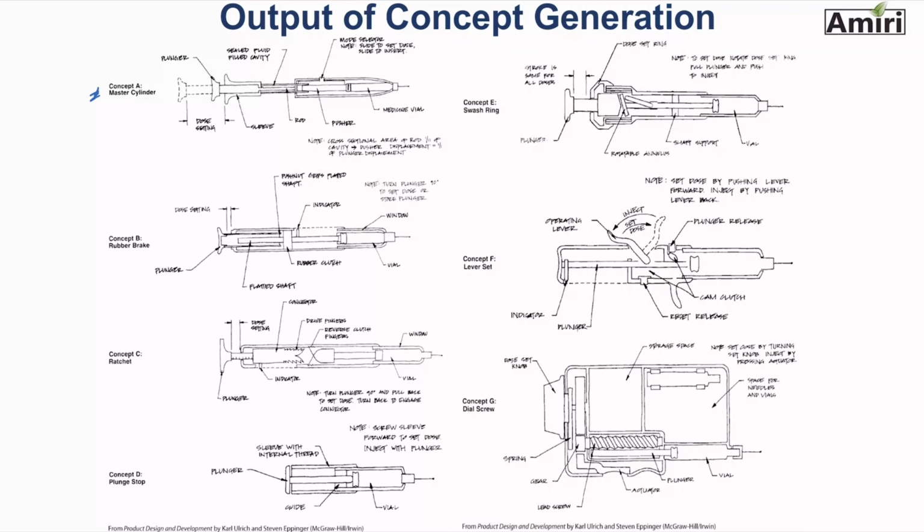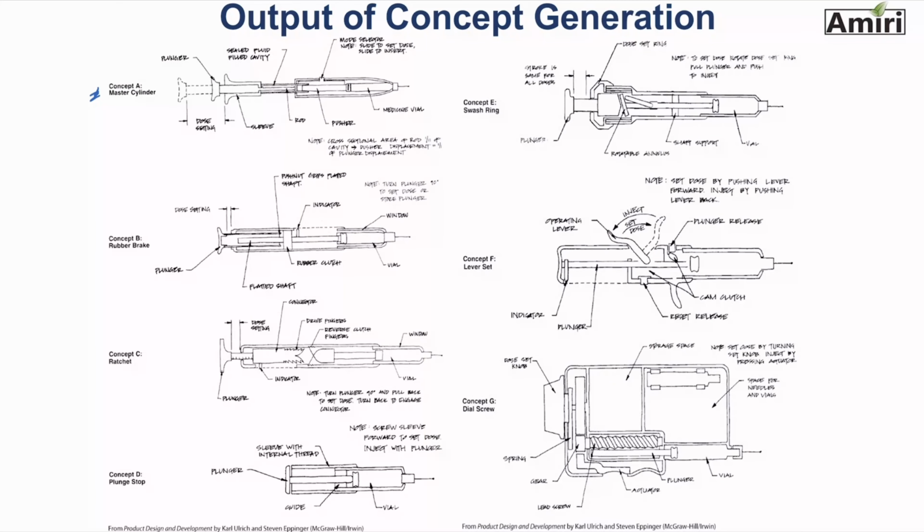Another important point that I want to mention is, at this stage, we want each concept to be presented with the same level of detail as other concepts, and the same level of information is provided for each concept. We don't want one concept to be a poor hand sketch while the other is a beautiful 3D CAD rendering.